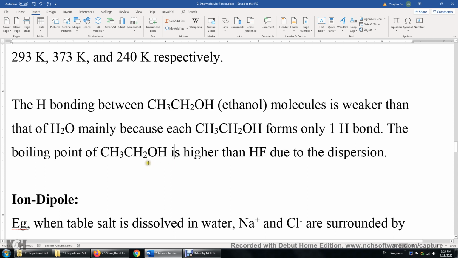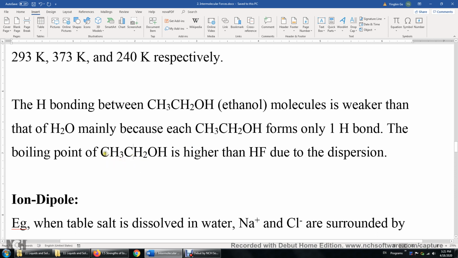Well, if we just compare hydrogen bonding, this HF probably has a stronger hydrogen bonding than ethanol because of the greater dipole moment in this hydrogen fluoride. However, if you look at this molecule, it has a larger size and more loosely bound electrons from this carbon, from these hydrogen atoms, and this carbon, and these hydrogen atoms.